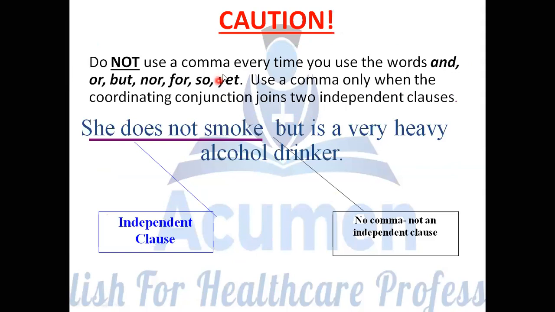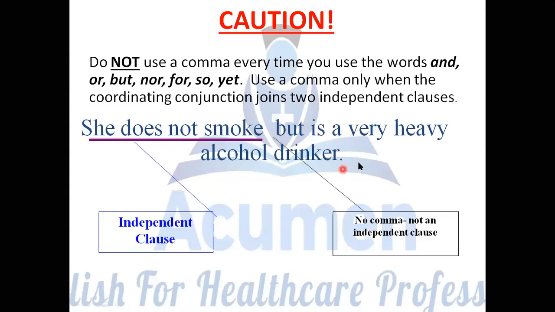Look at this. She does not smoke, but is a very heavy alcohol drinker. So here, she does not smoke is an independent sentence. But if I read from here, because but is my conjunction, is a very heavy alcohol drinker is a dependent sentence. So this will be known as a complex sentence because it has one independent sentence and one dependent sentence.